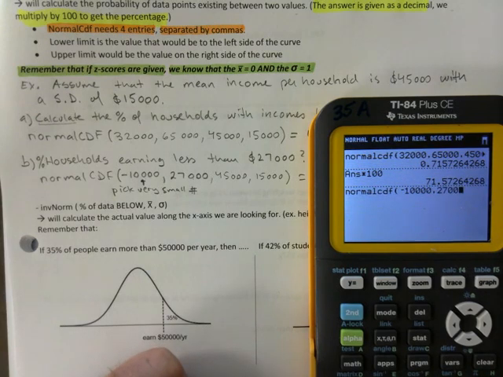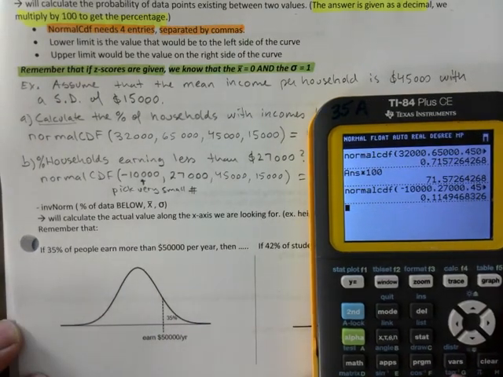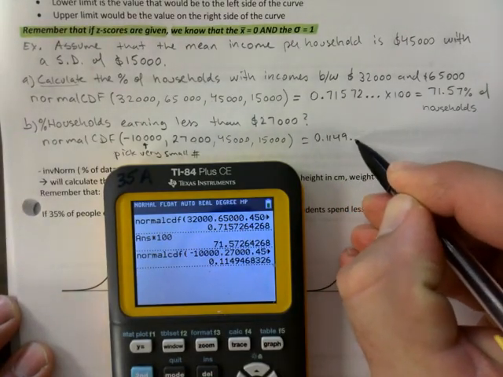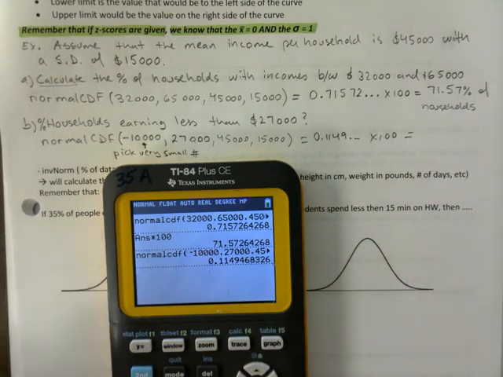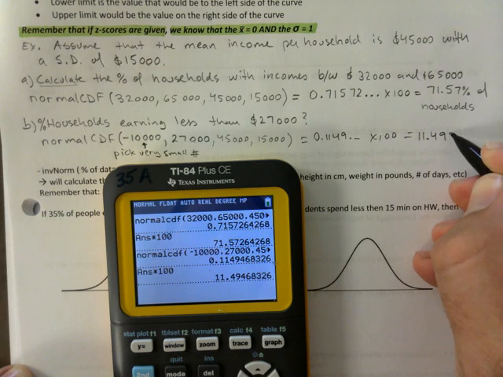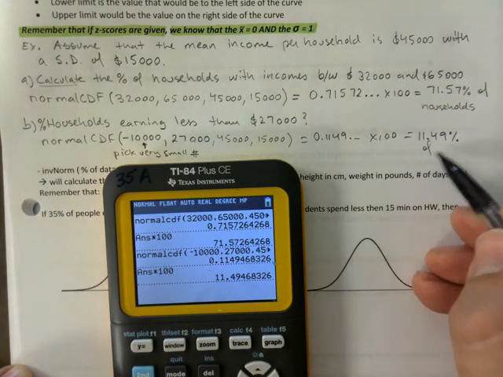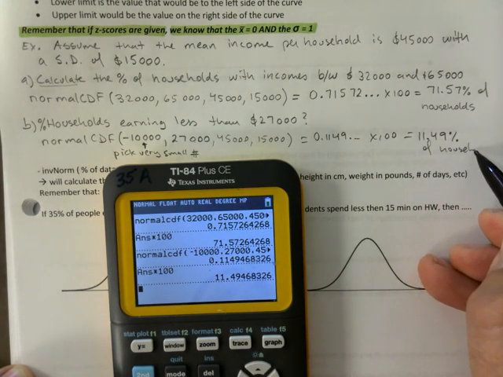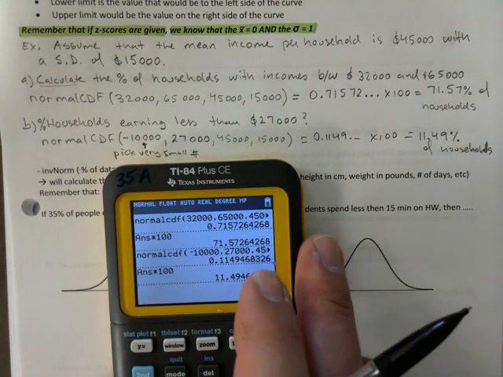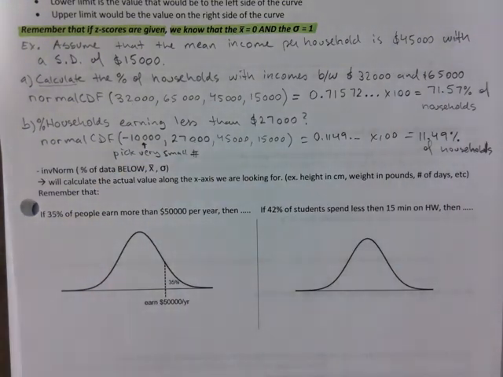And then we get 0.1149, and that keeps going, times 100. That's 11.49% of households earning less than 27 grand. So that's how we use normalcdf.